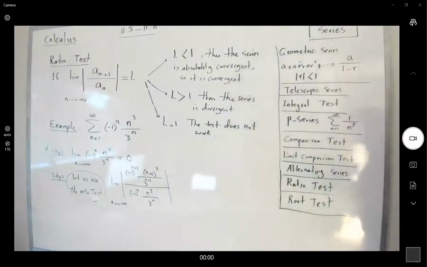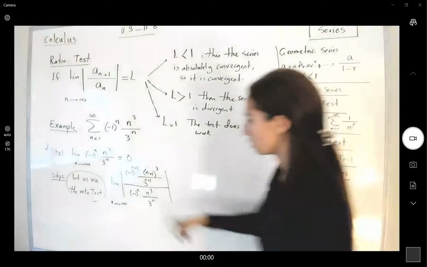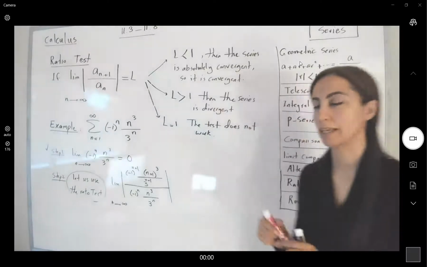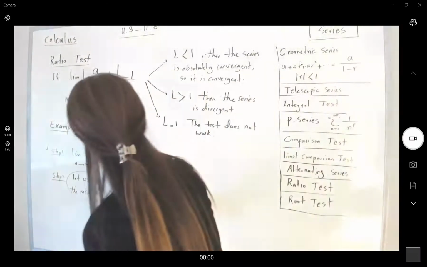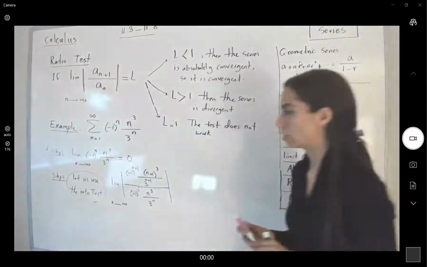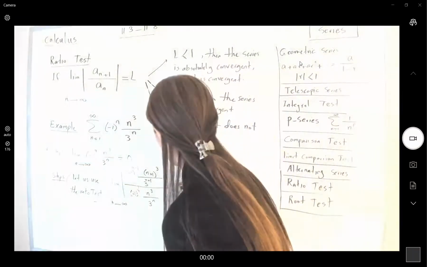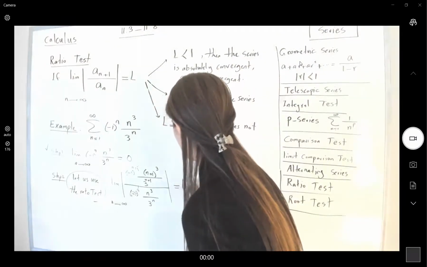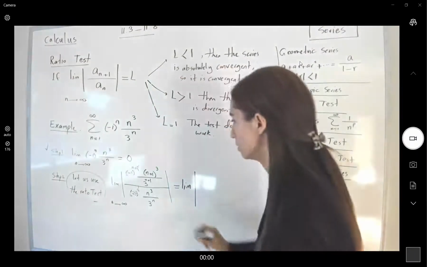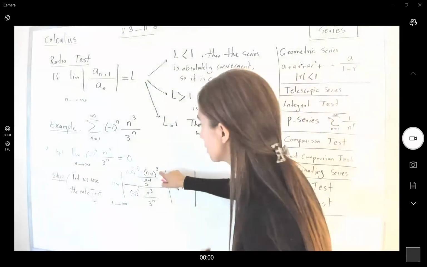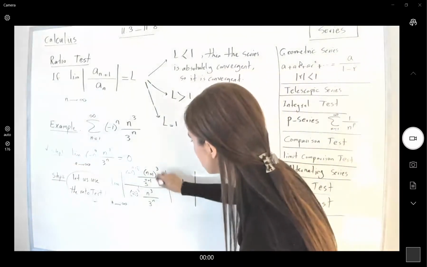Okay, perfect. So what do we have here? First of all, since we are taking absolute value, we're not worried about these negatives. So we can just ignore the -1 to any power. This simplifies to limit of absolute value. We need to multiply the first numerator and the last denominator.